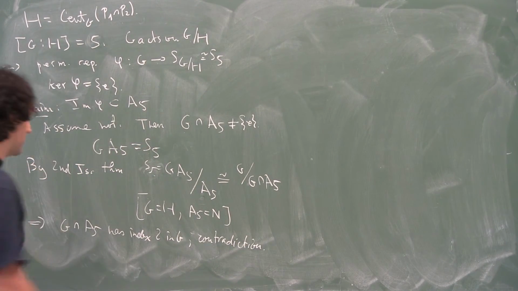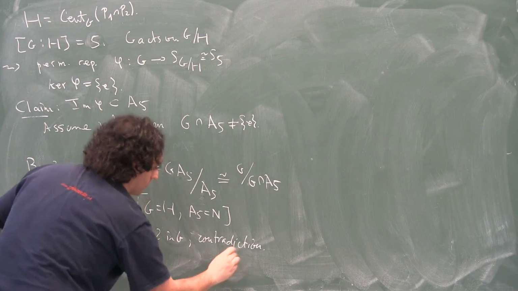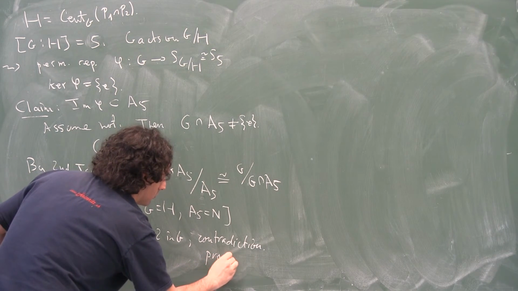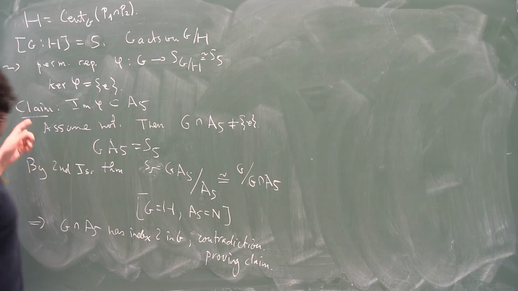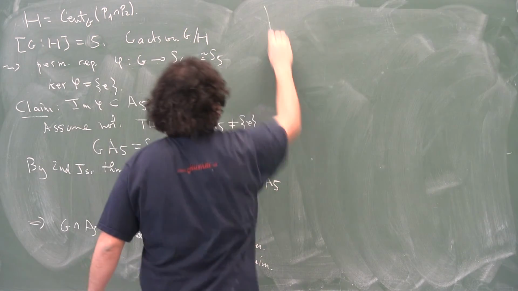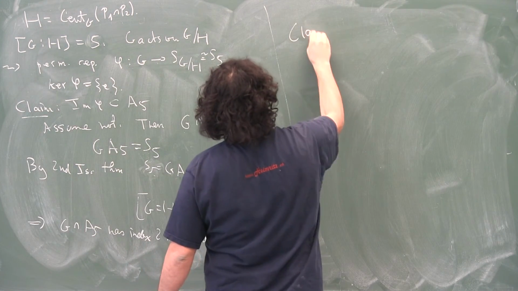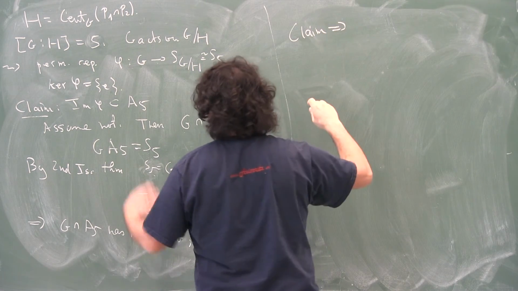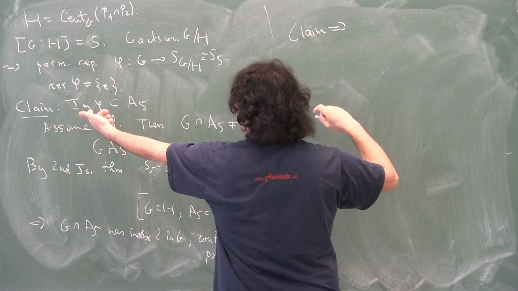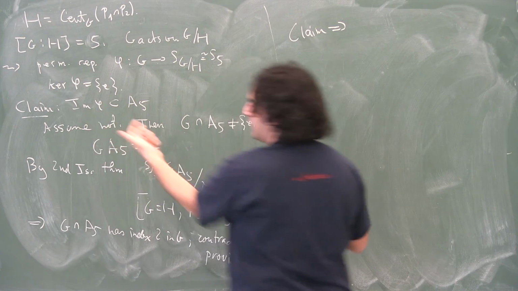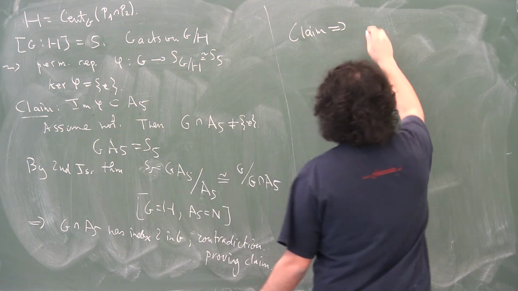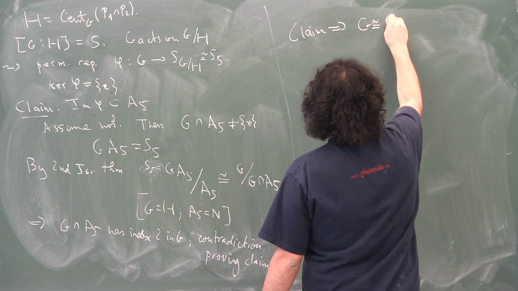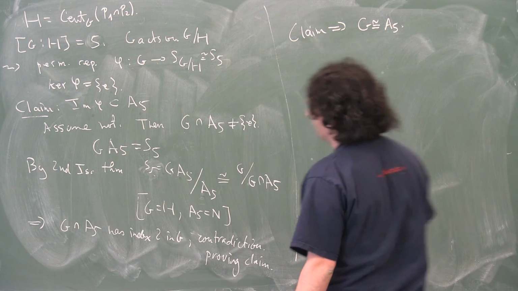Okay, so our claim is true. So the claim implies that the image of phi, which is isomorphic to G, has order 60 and is contained in a group of order 60. It implies that G is isomorphic to A5.